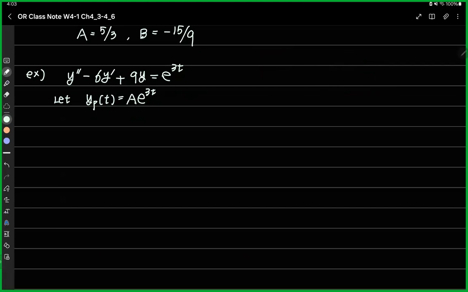Then we're going to get a big problem. The thing is that 3 is actually the root of the auxiliary equation associated with the homogeneous equation.